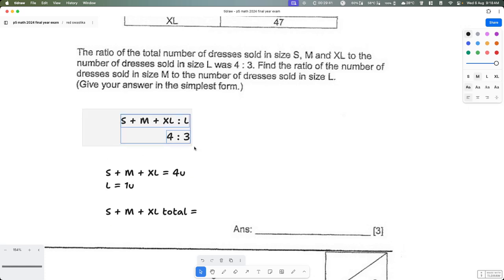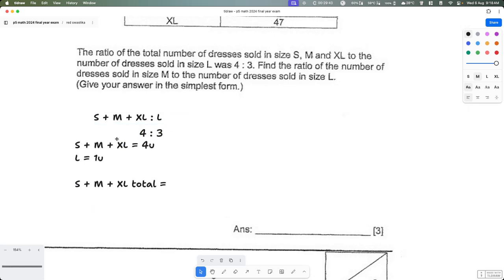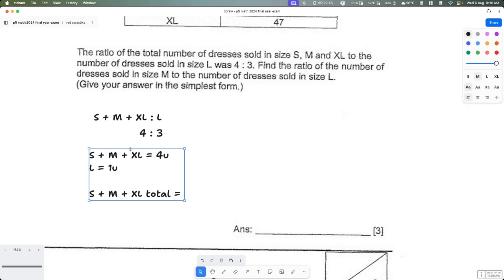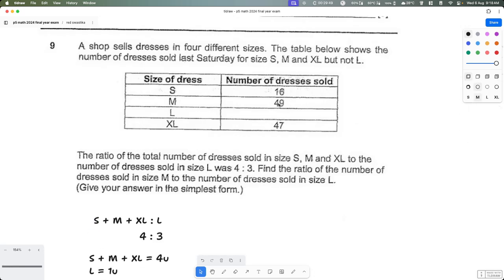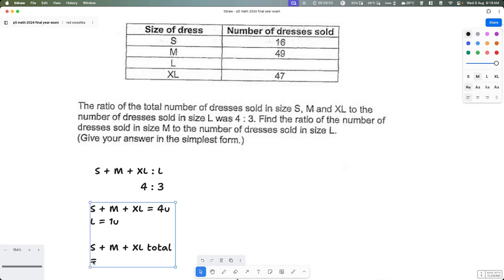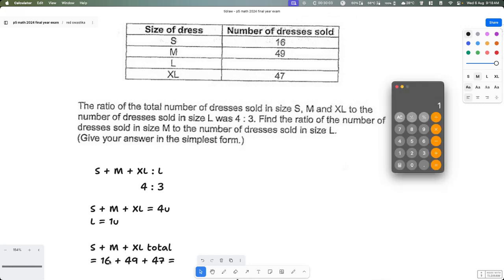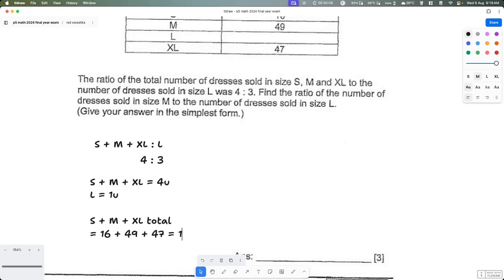Let's see what the total is: 16, 49, 47. So 16 plus 49 plus 47 is 112.